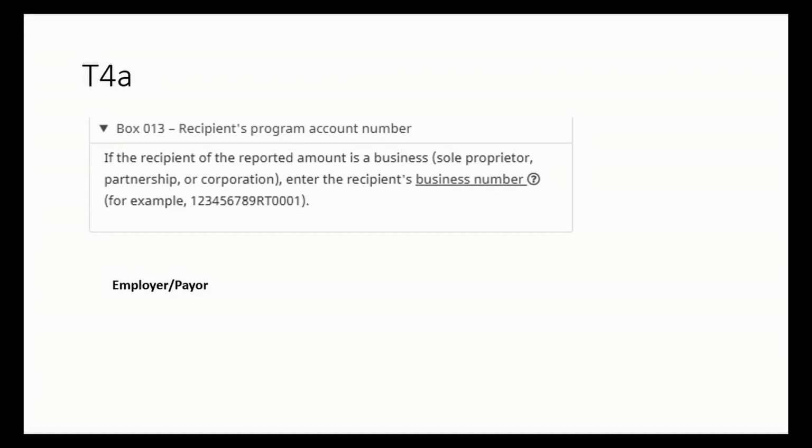Code 13, recipient's program account number. So if your employer or business has an HST number, for example, or business registration number, such as the one that starts with 81716, something to that extent, for a small business, ends with RT0001 or 2 or 3, whichever one, this will be an example of a business number.